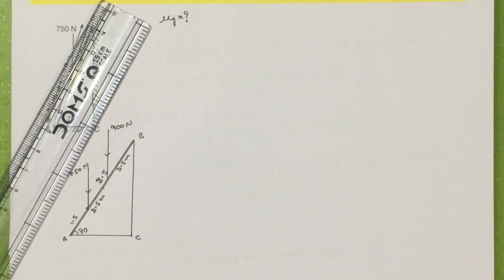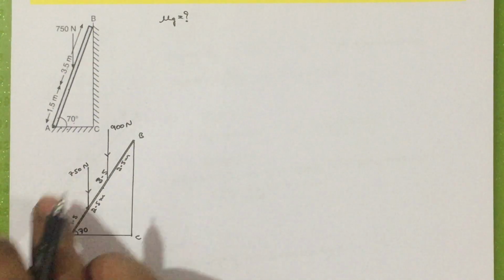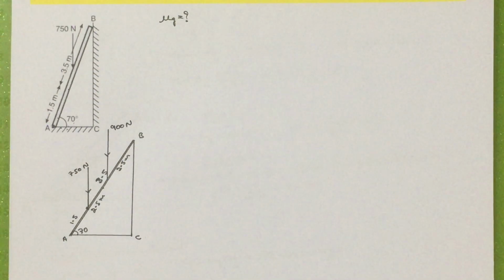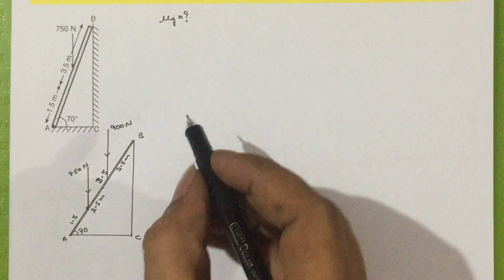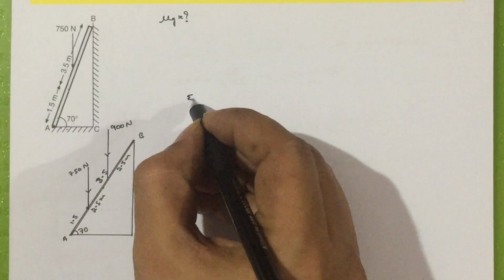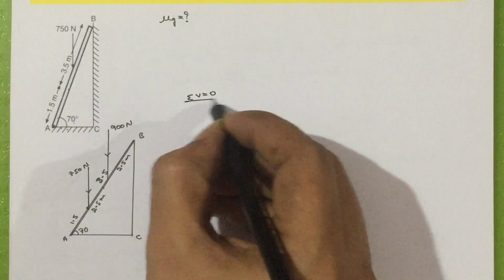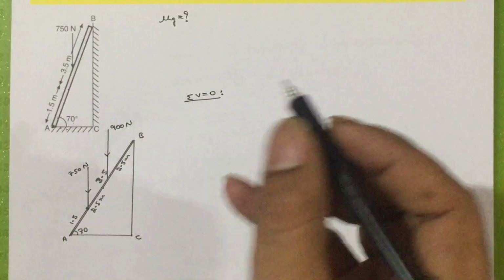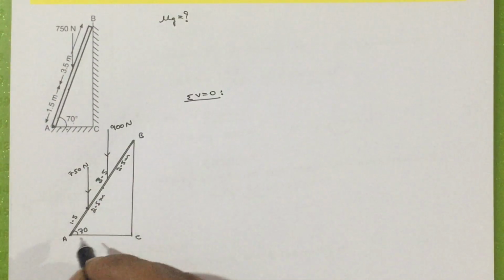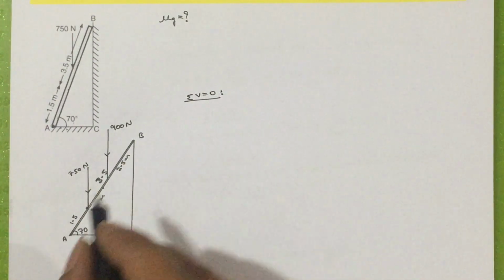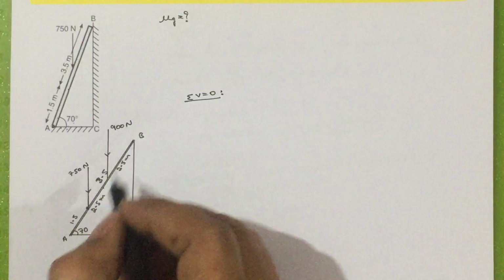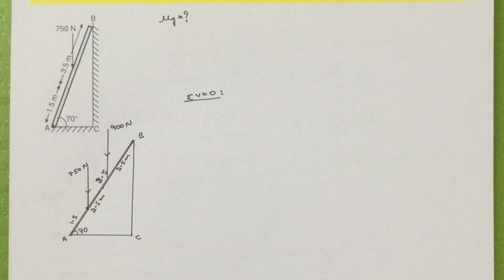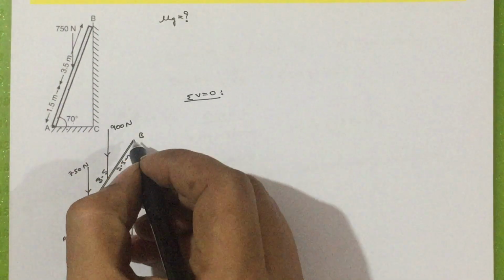Now, this is the given diagram. We need to calculate mu g. First calculate sigma V equal to 0. Before that, at the contact surface we are going to get friction as well as normal reaction.